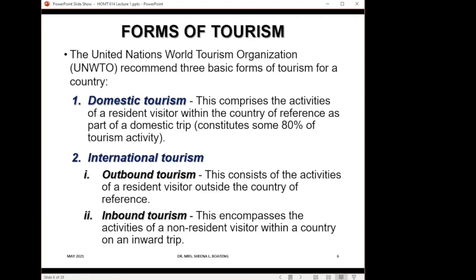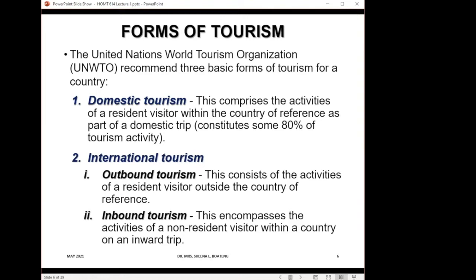So if we leave Ghana and go to a place like the UK or Ireland or Scotland, we are engaging in outbound tourism. Whereas if people come from Ireland, Scotland and the UK to Ghana, we are experiencing inbound tourism because they are not residents, but they are coming into our country. I hope you understand.